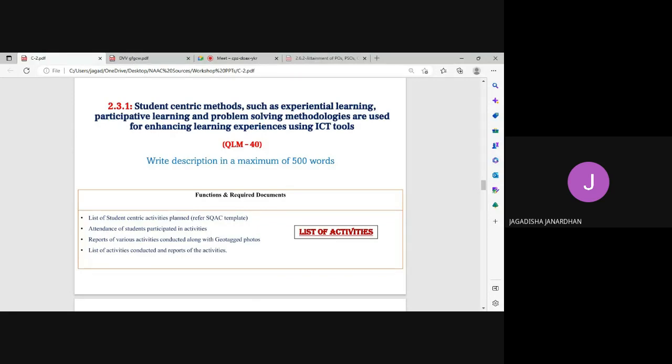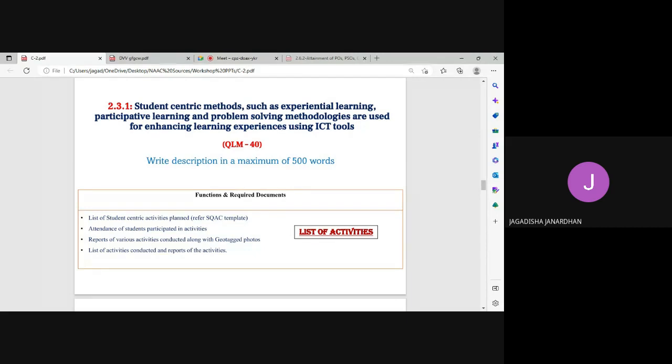Practically, they can explain those topics. If the teacher does like this, he will also be involving the students, and it will be mentioned as experiential learning, which is called a student centric method. Then ICT is also used. Like this, they also can use the ICT facilities.